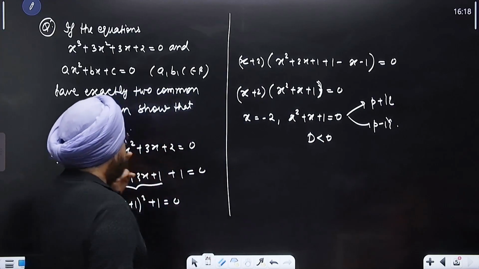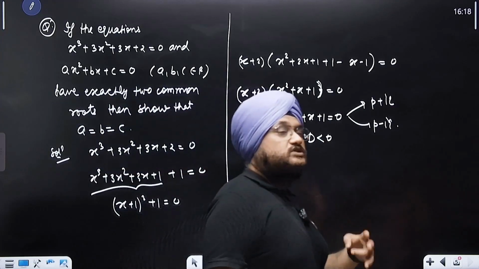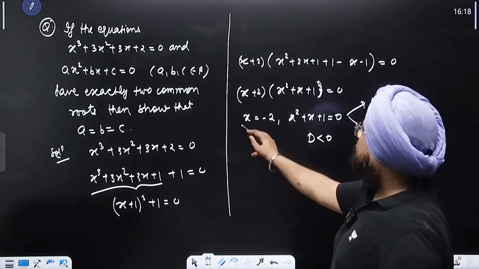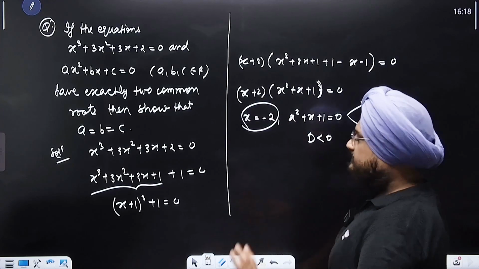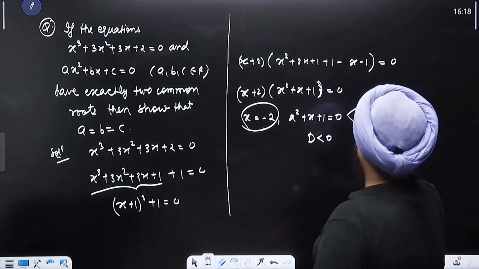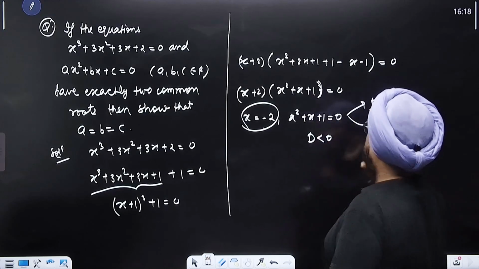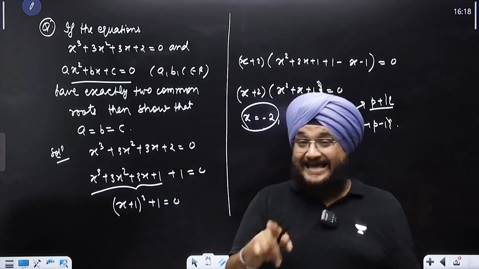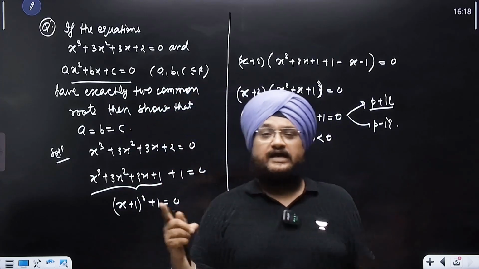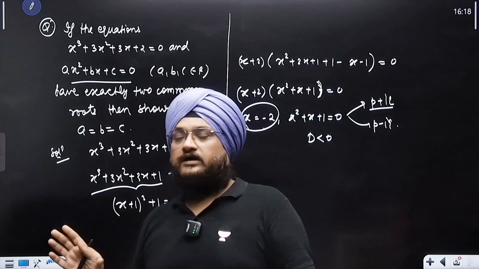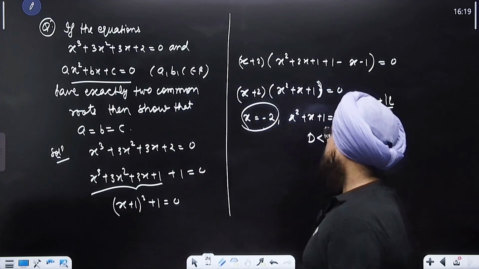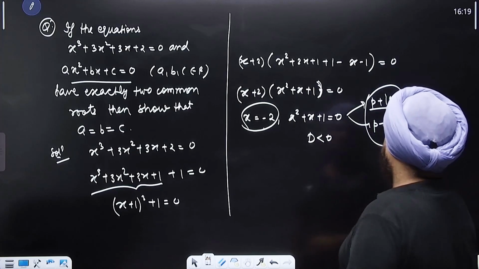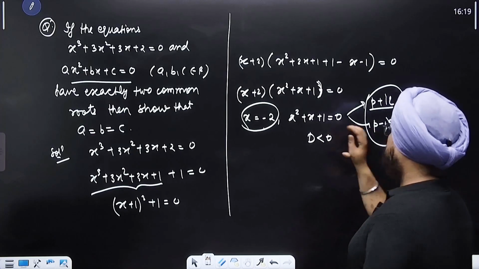Now we are given that exactly two roots are common, so one of them cannot be minus 2. If minus 2 and p plus iq were common, then they cannot be roots of ax square plus bx plus c, as the coefficients a, b, c are real and non-real roots can occur only in pairs. So clearly p plus iq and p minus iq will be the common roots.